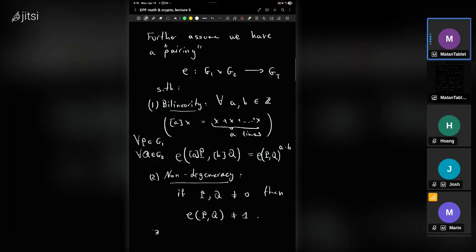And three, this is kind of always what we want to assume, is that e is efficiently computable.